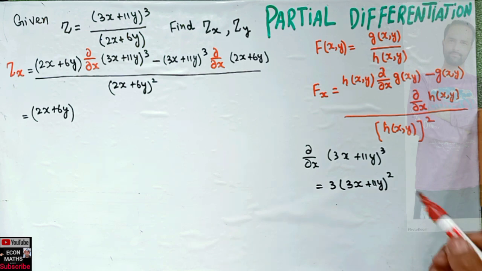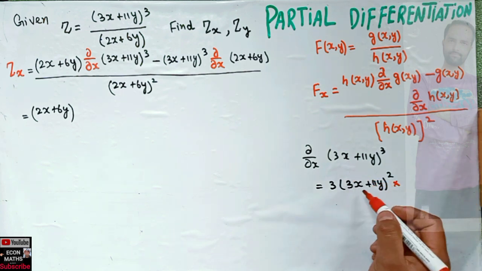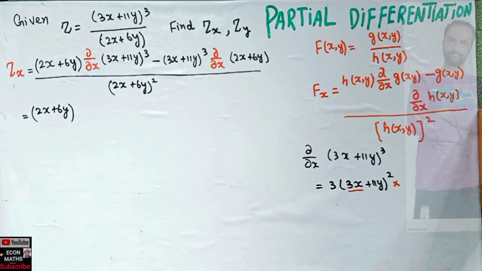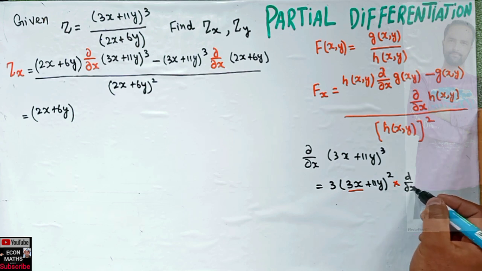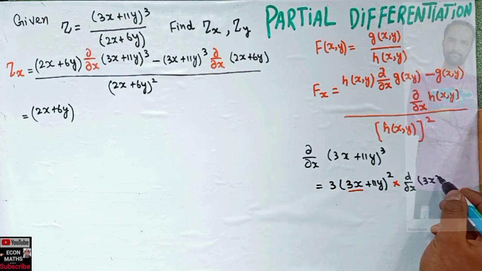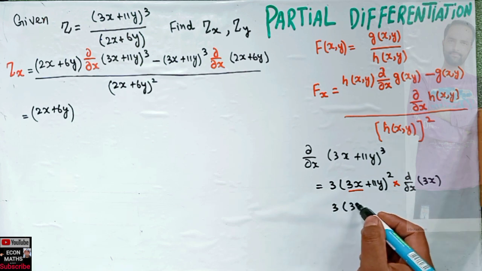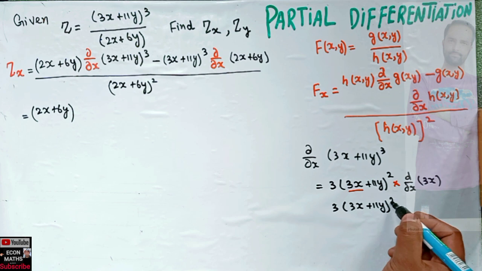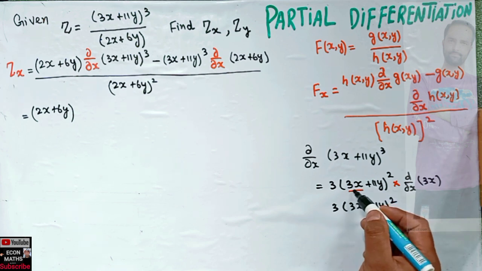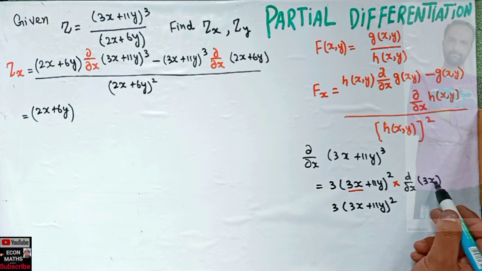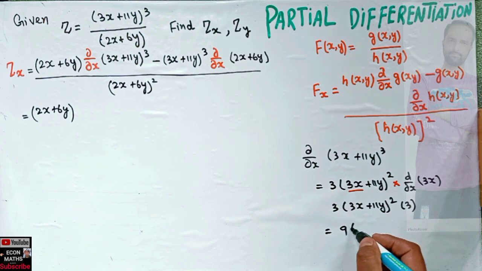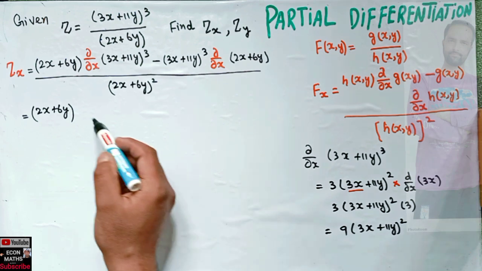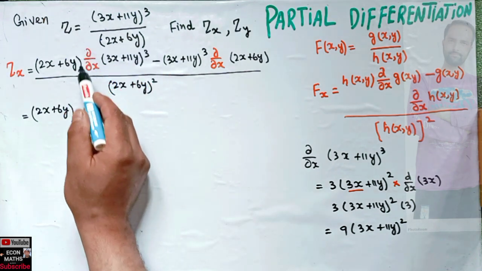Then we need to multiply by the derivative of 3x in the brackets, d upon dx of 3x. So we will get 3(3x plus 11y) square, and internally the derivative of 3x is only 3, since the derivative of x is 1. So this will become 9(3x plus 11y) square. So the derivative of this stuff will become this.